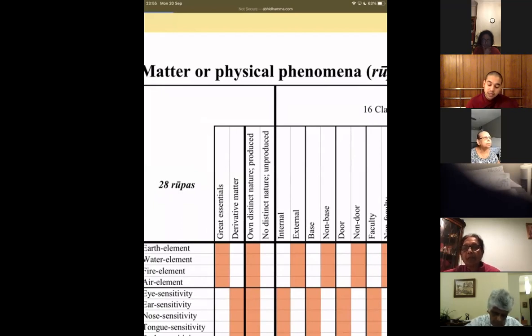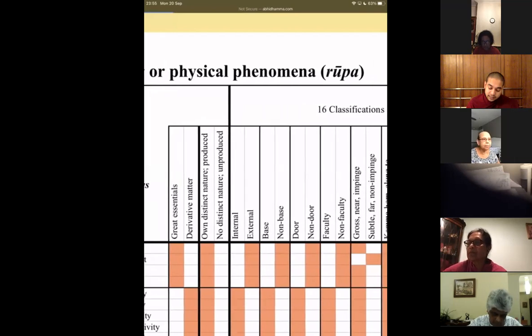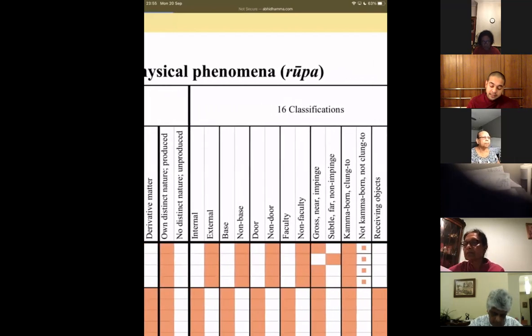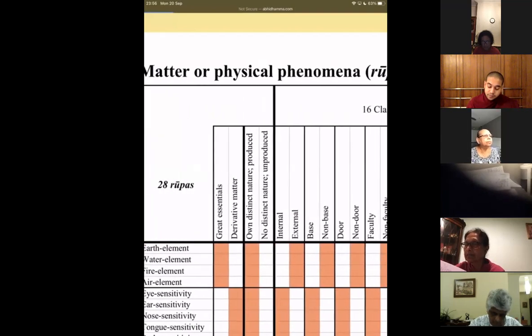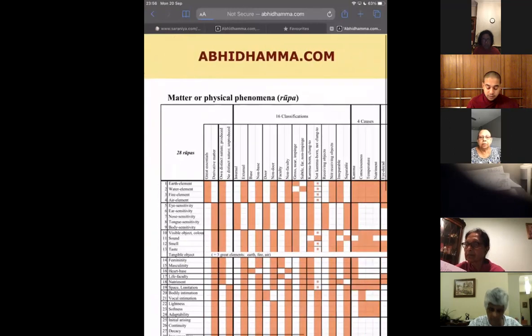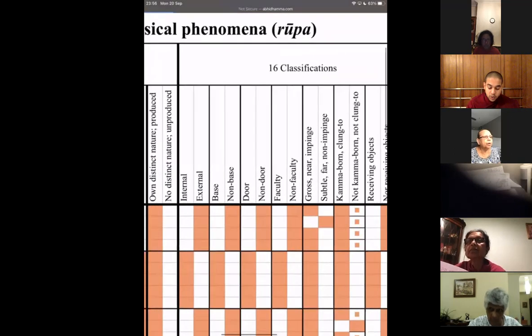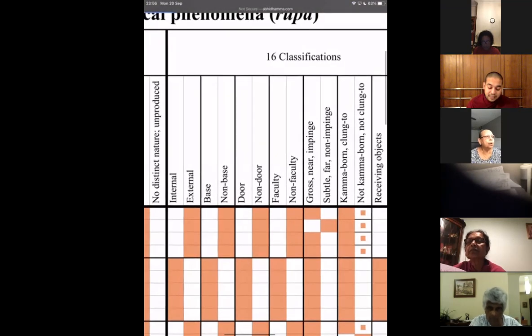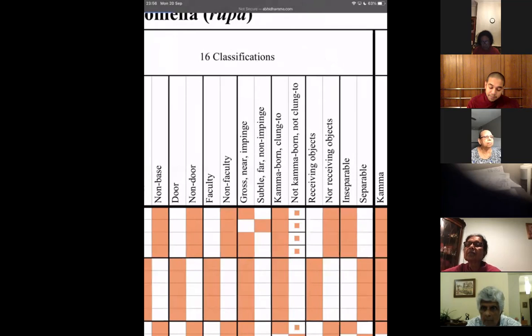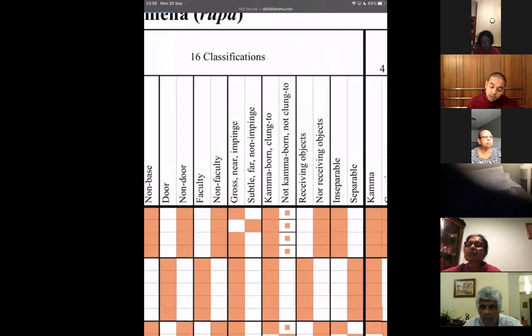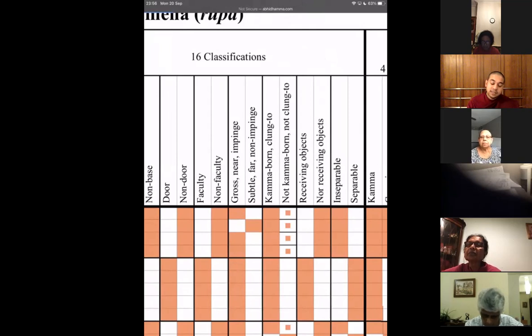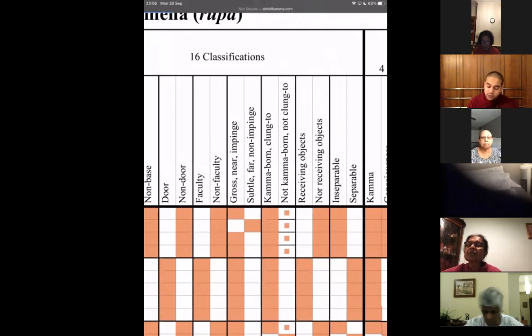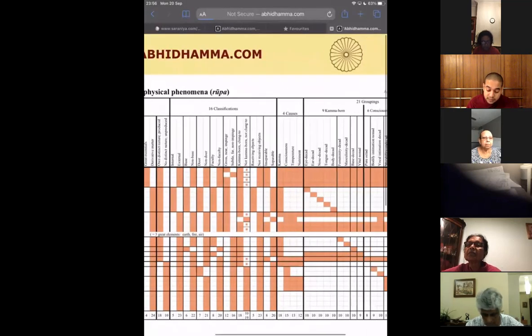No distinct nature, unproduced, internal, external, base, no base, do, non-do, faculty, non-faculty, gross, near, impinge, subtle, far, non-impinged, come upon, clung to, not come upon, not clung to, receiving objects, not receiving objects, inseparable, separable.